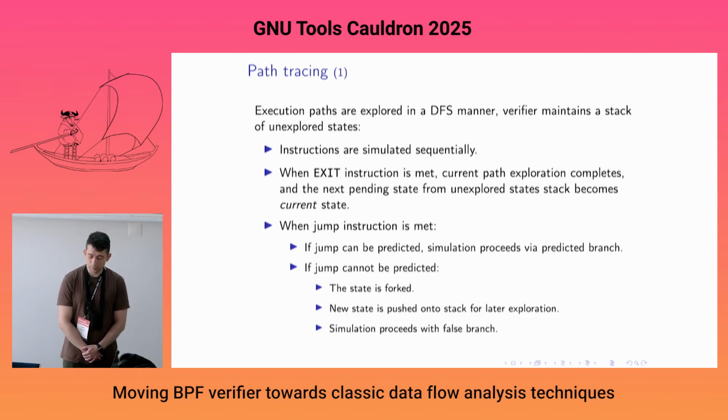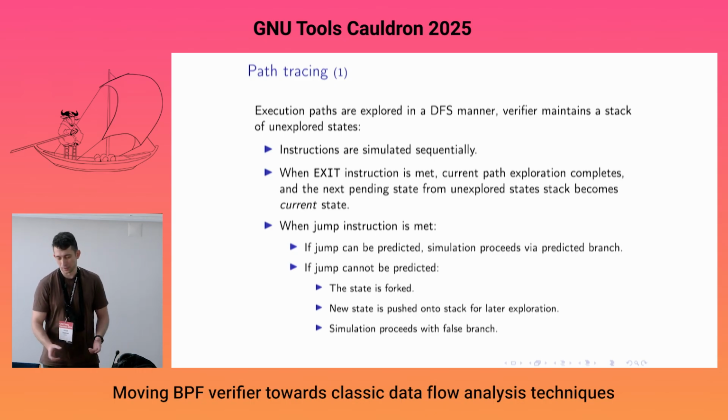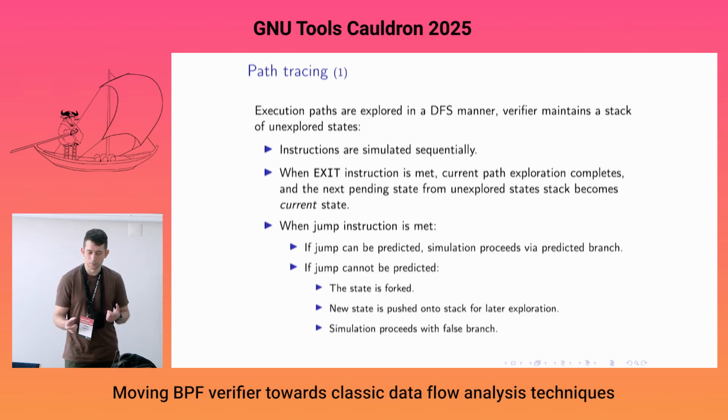When a jump instruction is met, we fork the current state, and we continue through the false branch, and the state for the true branch is put onto the stack. Ranges for variables, if those can be inferred from the jump condition, are adjusted in the current and forked states.